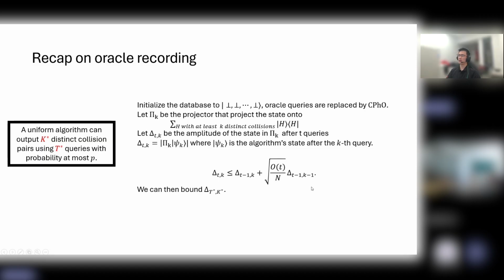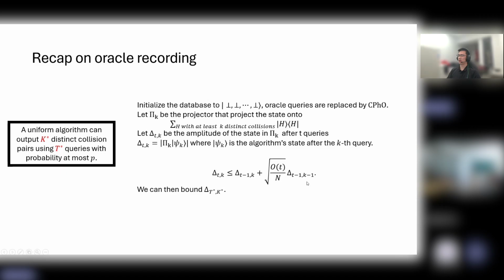This basically means once you query the oracle on a new point, you either get 0 new collisions, which has the amplitude from delta_{t-1,k}, or you get a new collision, whose amplitude is basically O(T/N), because the size of the database is at most T, and you get this term.